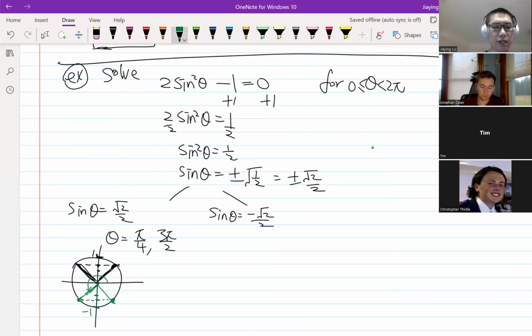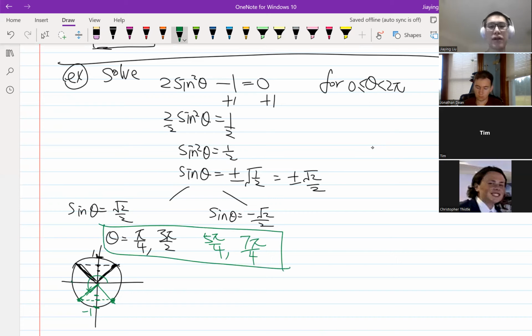So this angle is going to be pi, this must be 5 pi/4, and 6 pi/4, 7 pi/4. So those are the 4 angles that give us sine theta satisfying the equation above.